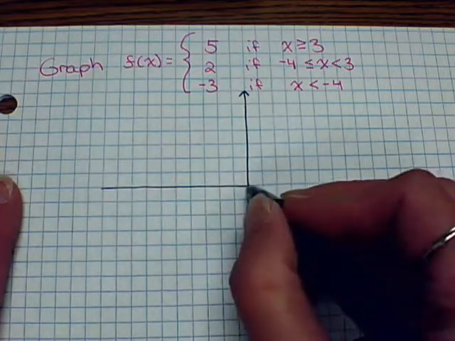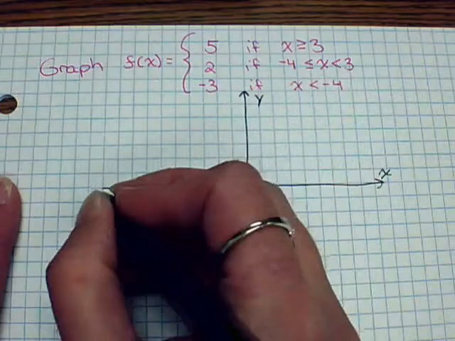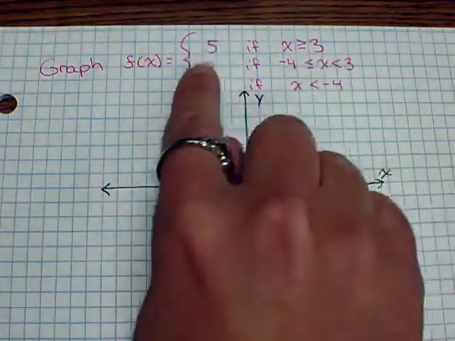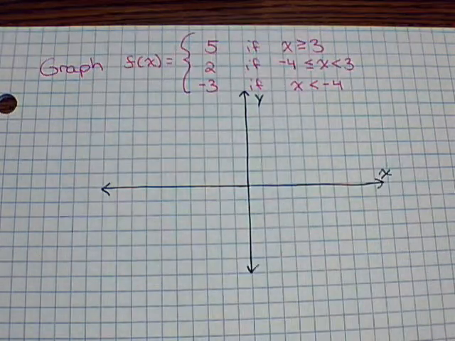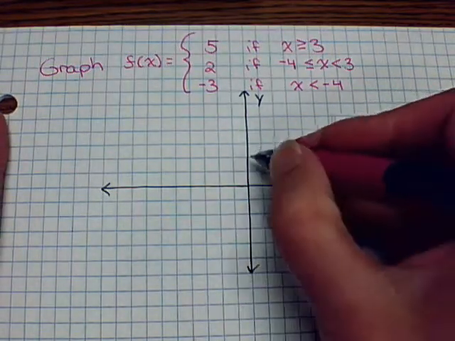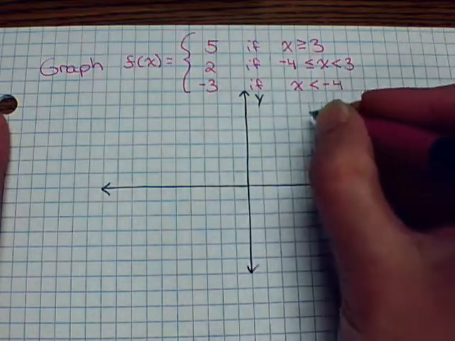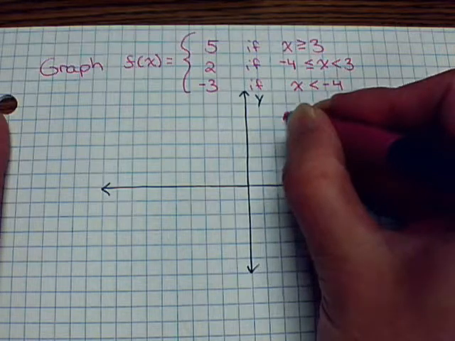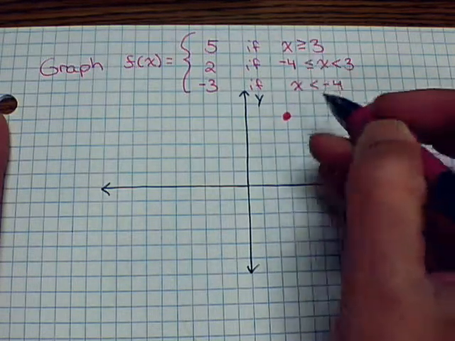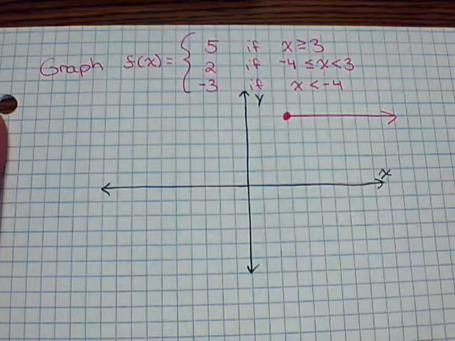So let's see. This looks good. That'll be my x-axis, y-axis. Now, y equals 5 if x is greater than or equal to 3. So here's where y is 5, and it's going to be a horizontal line, starting when x is 3. And that did say or equal to, so that's a solid line, and goes on forever that way.